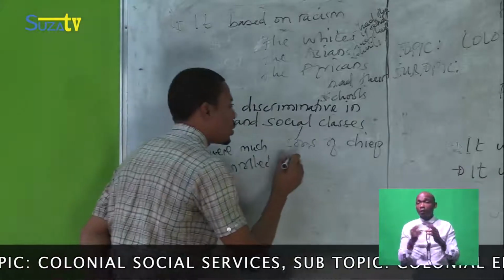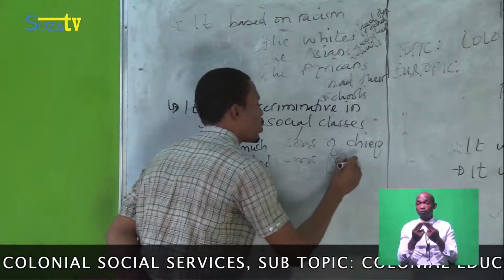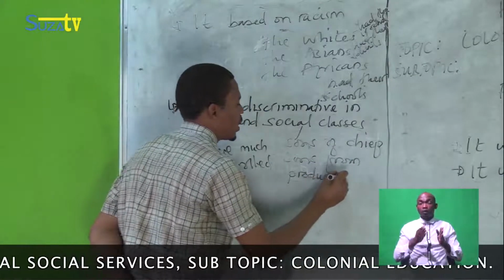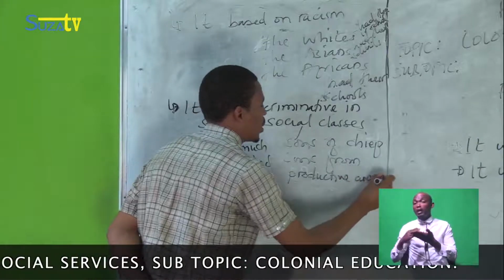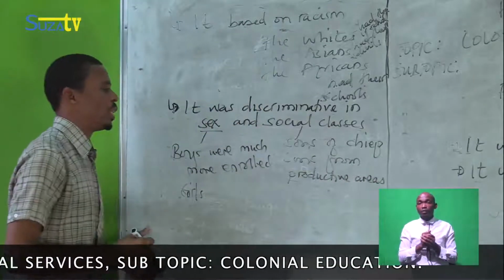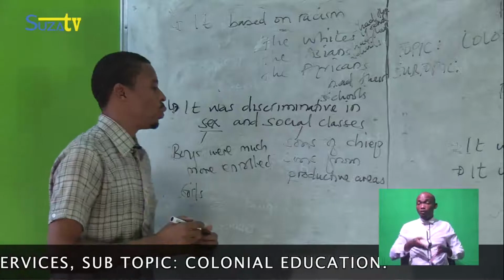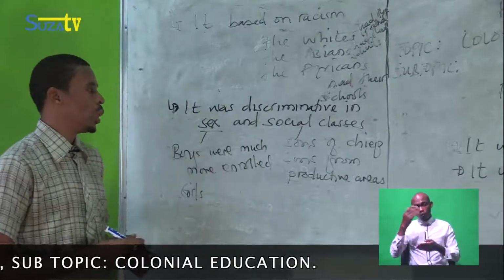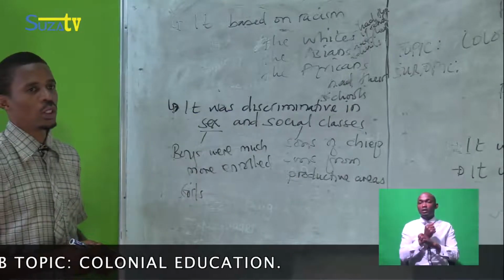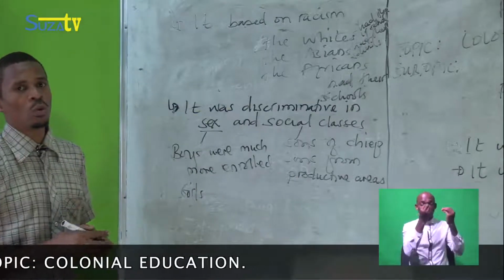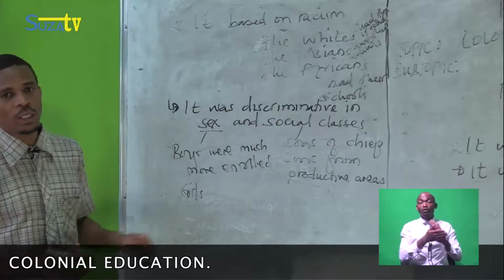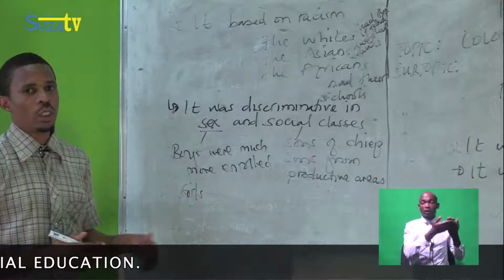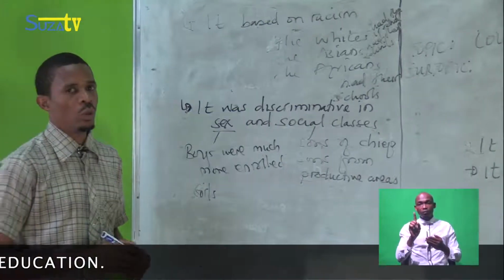Also, sons from productive areas were given priority. It means the sons who were from labor reserves didn't have priority of getting this kind of education.